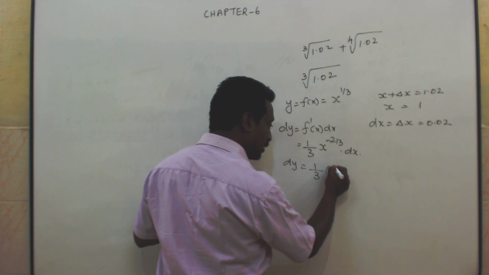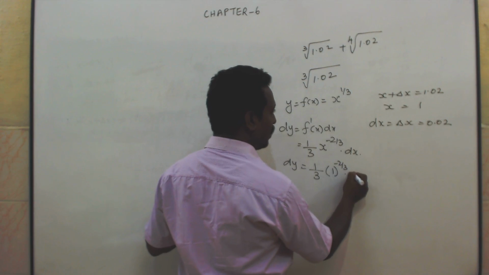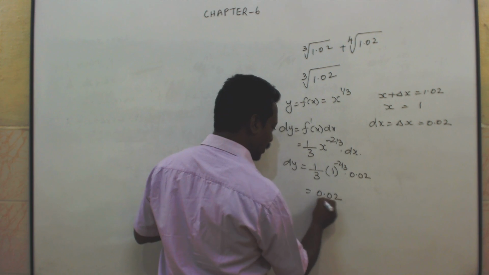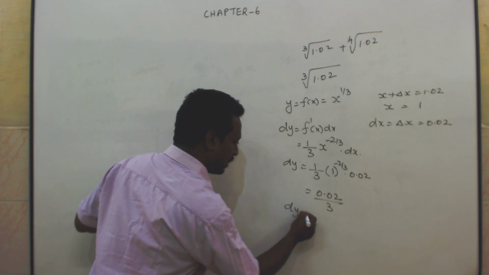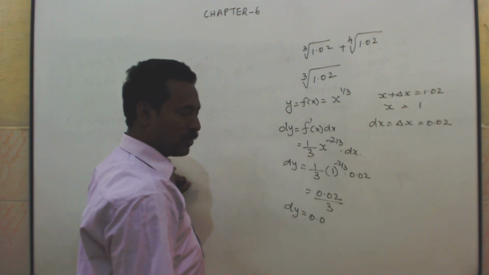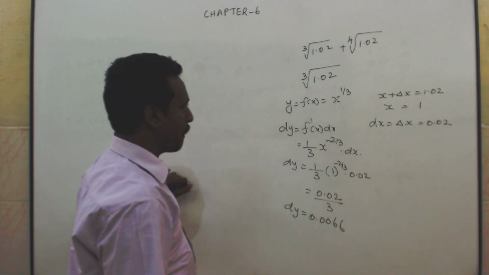The value of x is 1, 1 power any number is 1. The dx value is 0.02. That is 0.02 divided by 6. dy is approximately equal to 0.0033... how many times? 6 times 0, 6, 6.